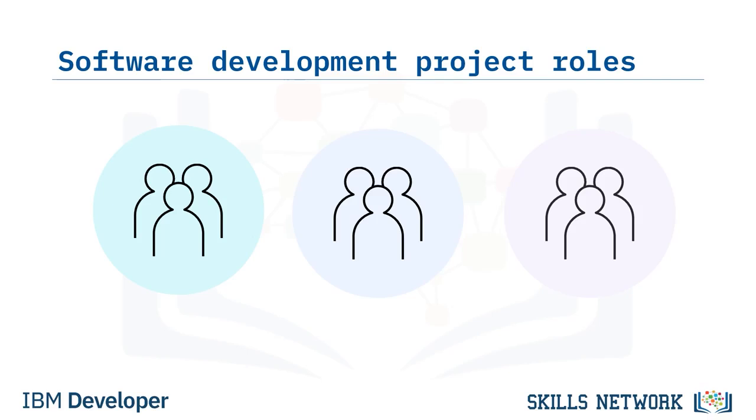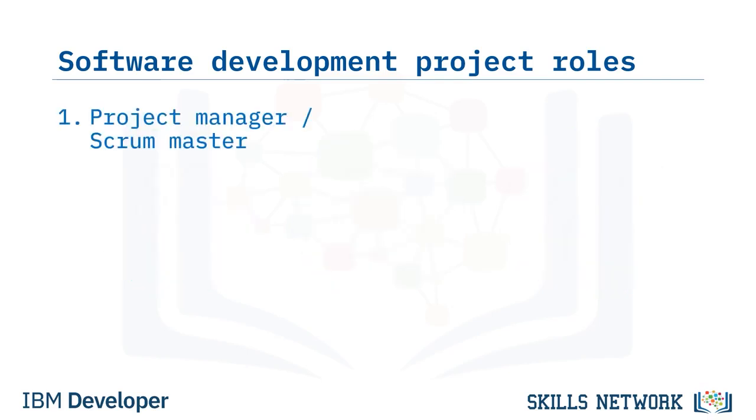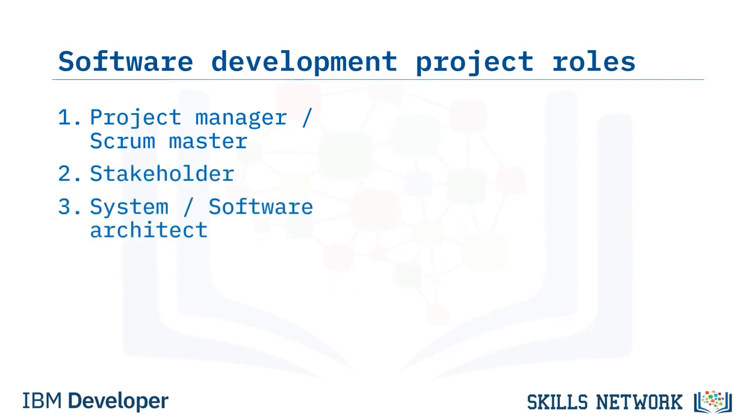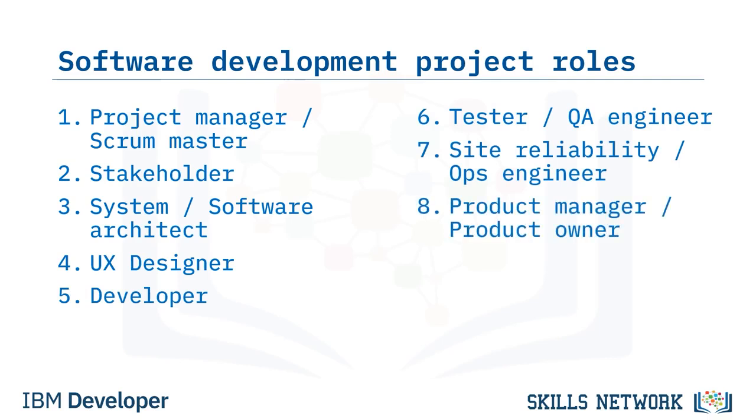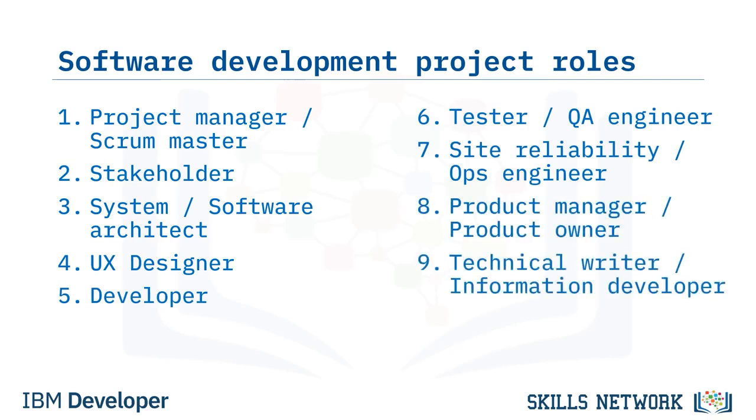The roles we will discuss in this video are Project Manager or Scrum Master, Stakeholder, System or Software Architect, UX Designer, Software Developer, Tester or QA Engineer, Site Reliability or Ops Engineer, Product Manager or Owner, and Technical Writer or Information Developer. Now let's describe each role and some of the responsibilities for each job.